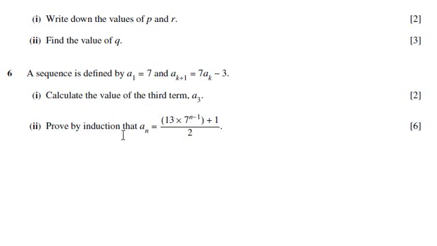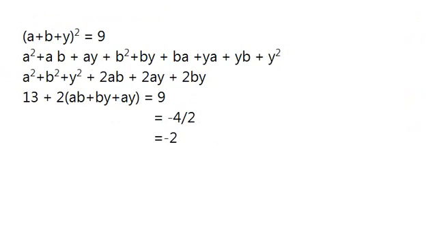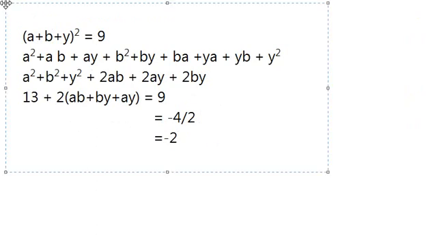Now, in this case, you just need to step through this equation 2 times, and so we've got 7 times a1 minus 3, which is 7 times 7 minus 3.